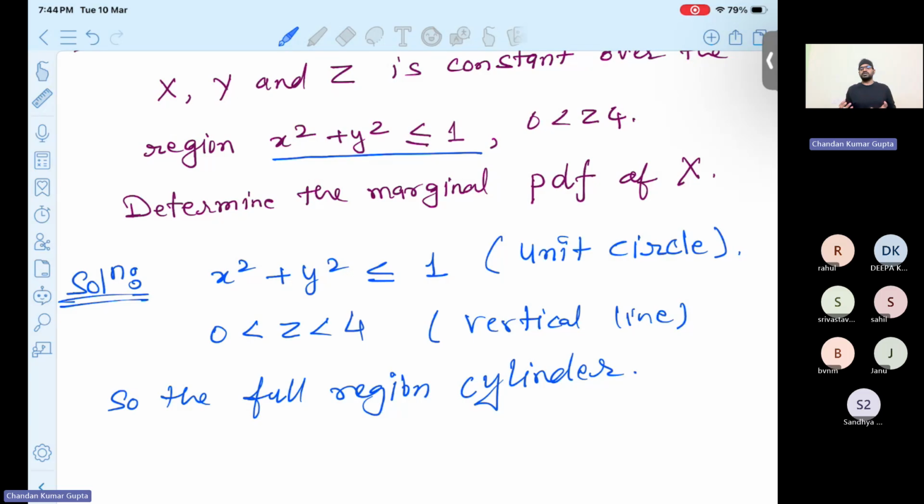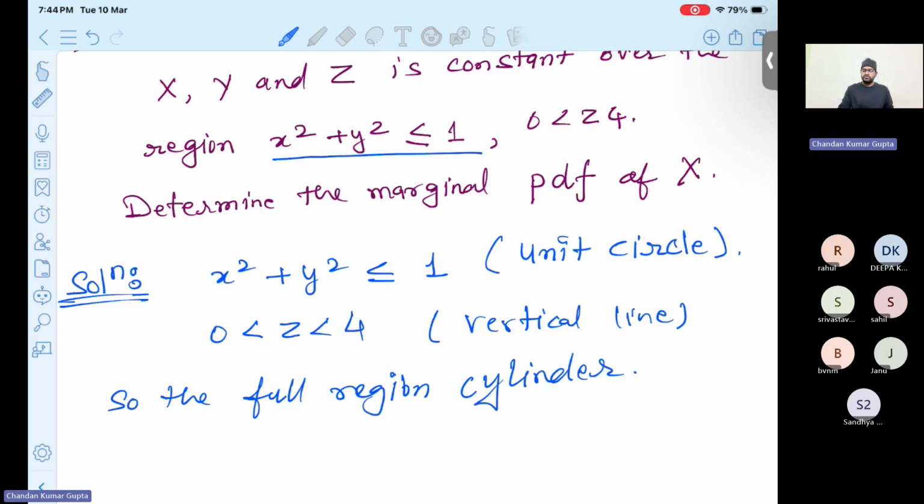A right circular cylinder is what? A circle and then a circle and then a circle, so many circles on each other. So this is the cylinder. So we are going to imagine a region of cylinder.